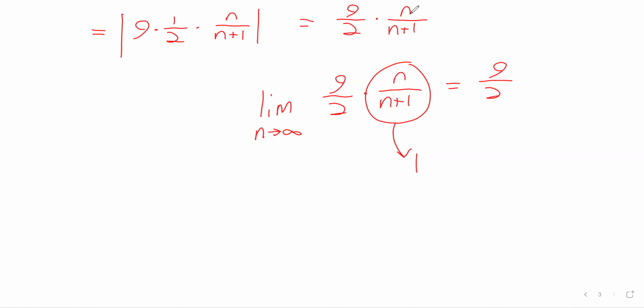So this is 9/2, and 9/2 is greater than 1. And the ratio test says that if we take this limit and we get a result that's greater than 1, the whole thing diverges.